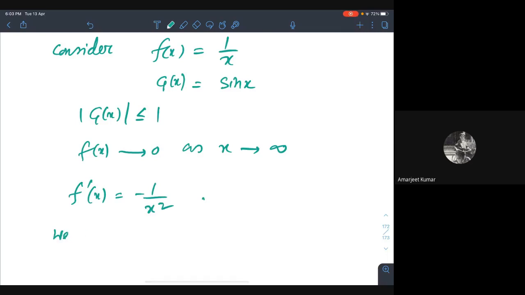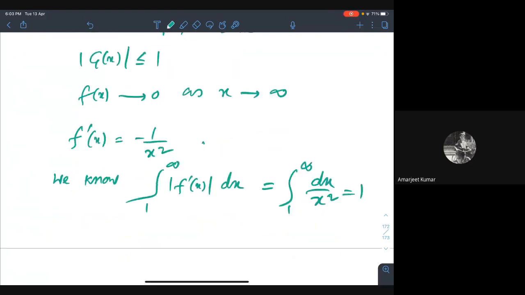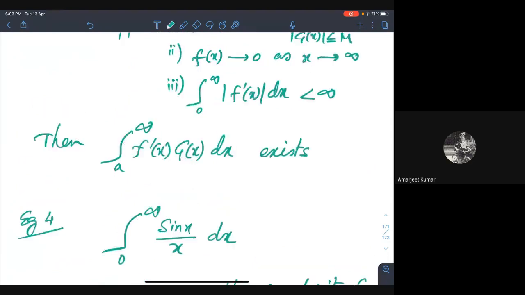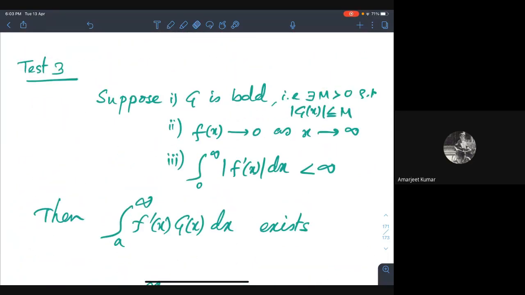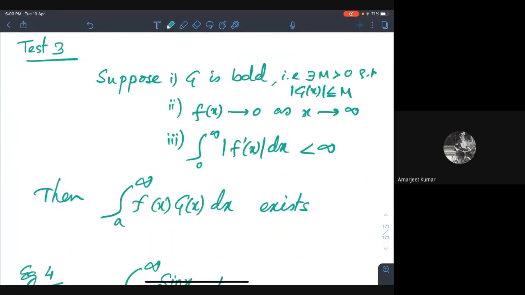So we know the integral of the modulus of f'(x) from 1 to infinity is the integral from 1 to infinity of dx by x squared, which is 1. We already know it. Oh, sorry, this test is just not f'.